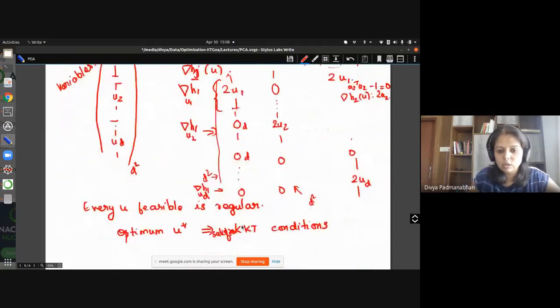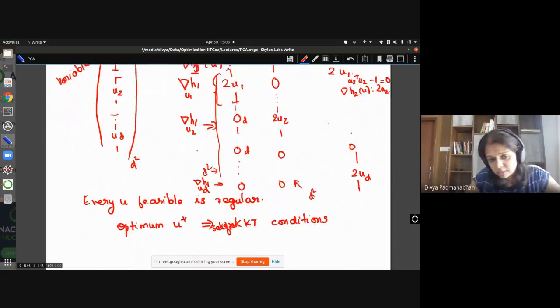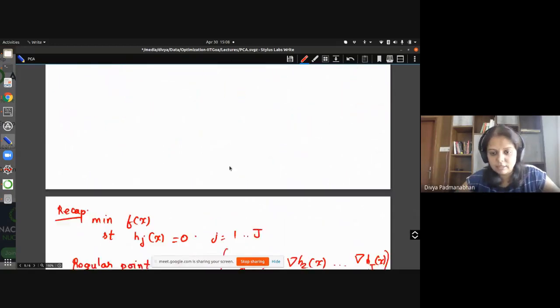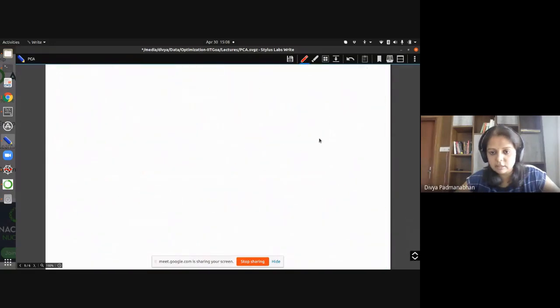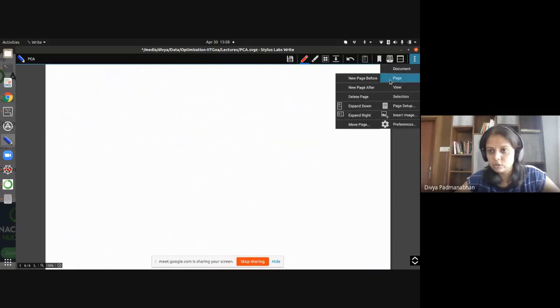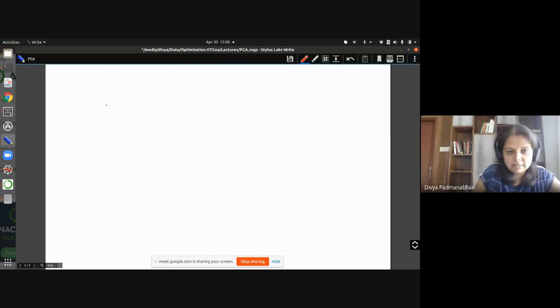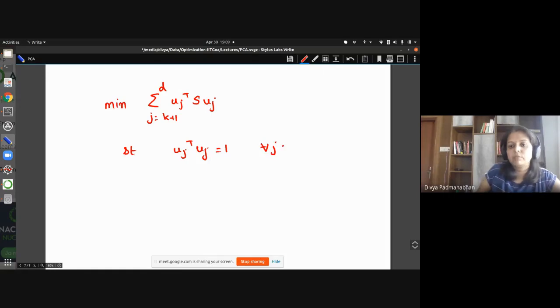There's a lot of clutter here, so I'll write it on a new page. The problem is to minimize the summation of uj transpose S uj, for j equals k plus 1 to d, subject to uj transpose uj equals 1 for all j.